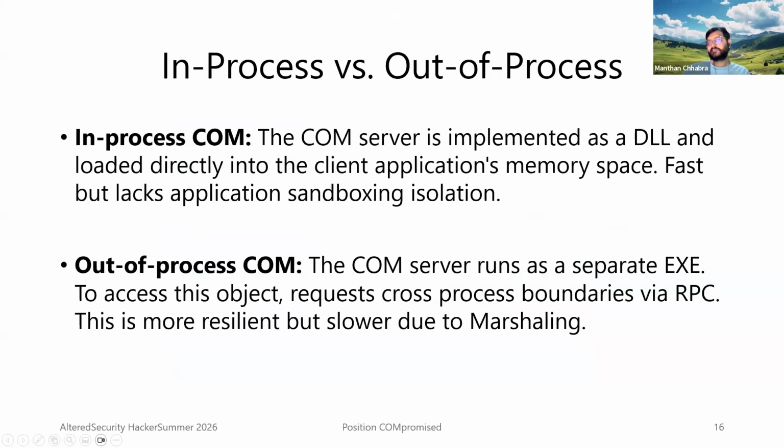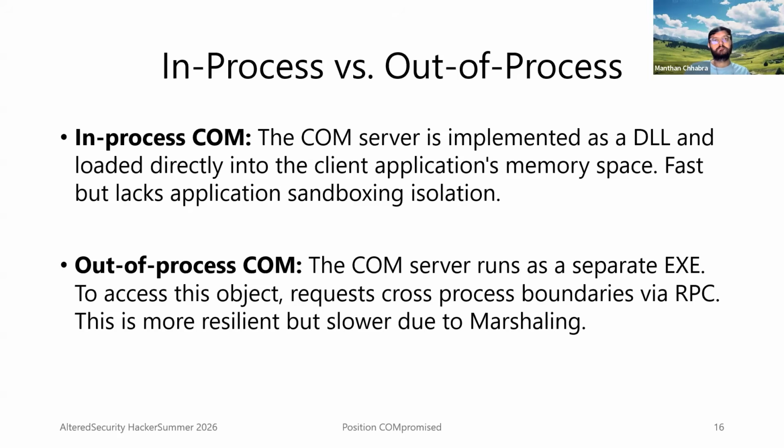So let's dive a little bit deeper into the two deployment models for COM. Let's first start with our in-process COM. Now, whenever a COM component is registered as an in-process server, it lives as a DLL, just like we discussed.